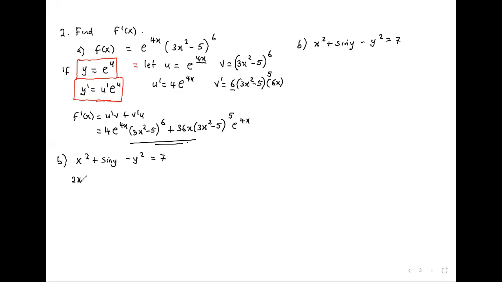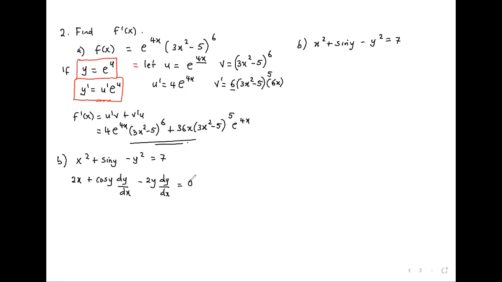We differentiate sin y, we get cos y, but because we have differentiated y, we write dy dx. We differentiate y squared, we get 2y, but because it is y, we write dy dx. Differentiate 7, we get 0.